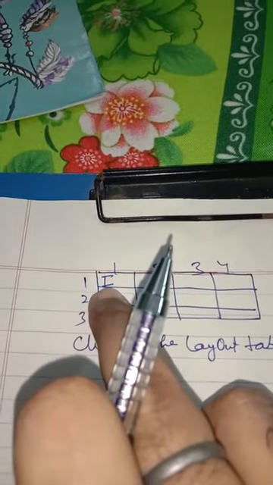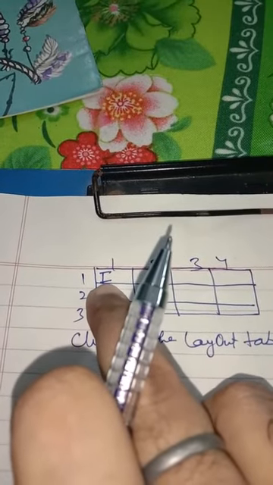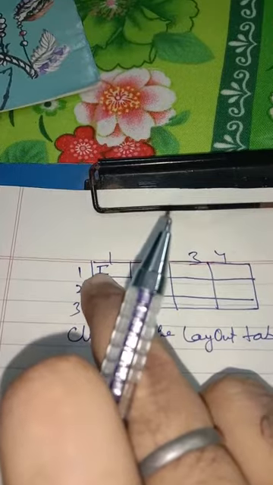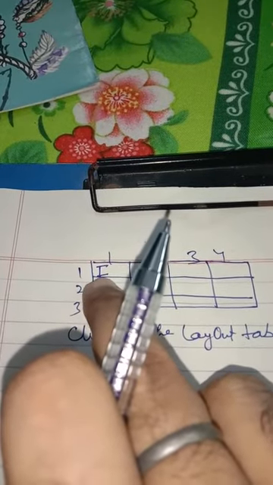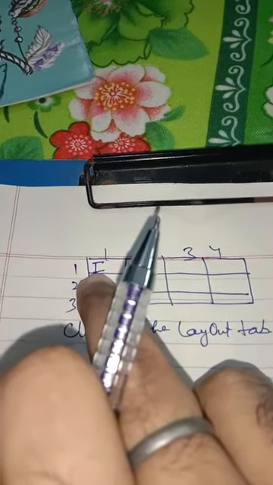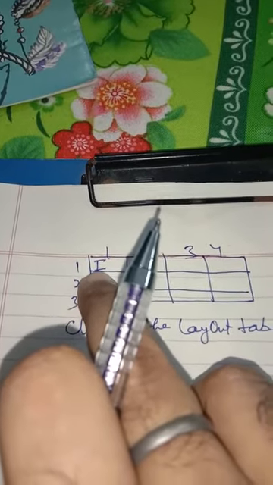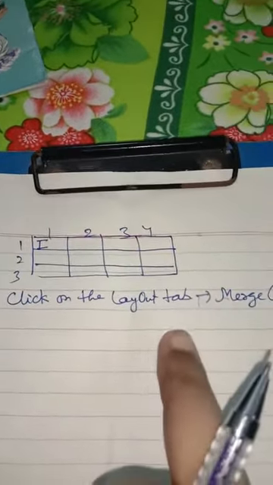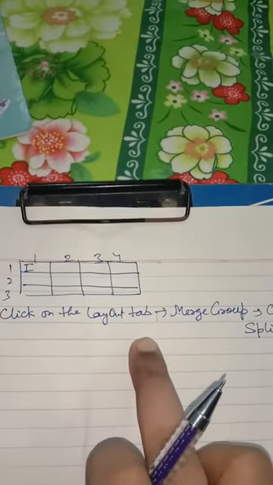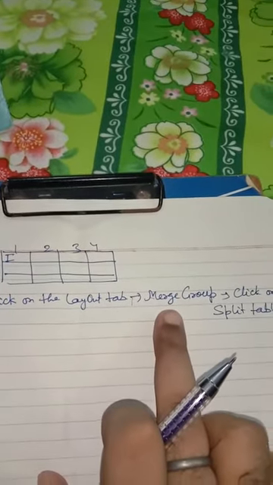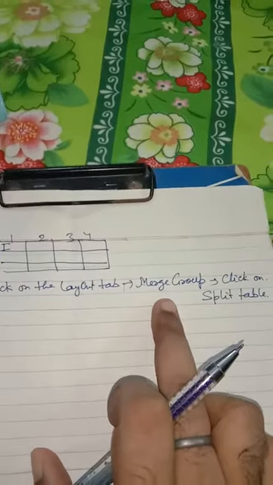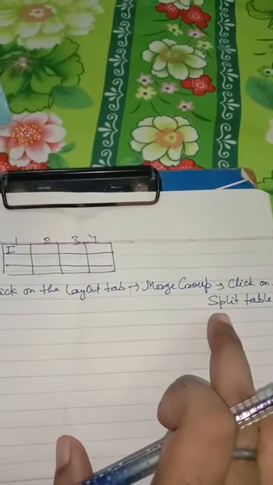So again, let me tell you how we can split a table. First of all, bring the mouse cursor to the row from where you want the table to be divided. Suppose I want the table to be divided into two parts from the first row only. As soon as I left click over here, the cursor appears in the first row. Now move to the layout tab. From the layout tab, move to the merge group, and in the merge group we have the option of split table. So click on split table.